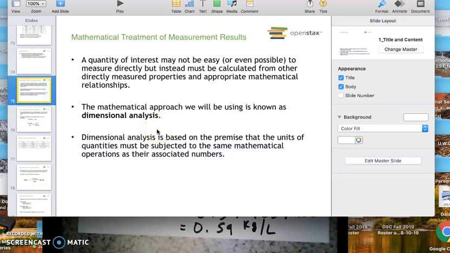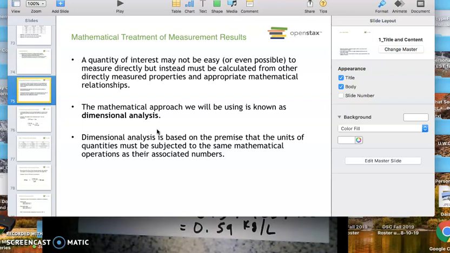In science, a lot of the times the units are not the units that we are going to be using based off the tools that we have in the lab, and so you have to be very used to converting one unit to another. And so this mathematical approach is referred to as dimensional analysis.